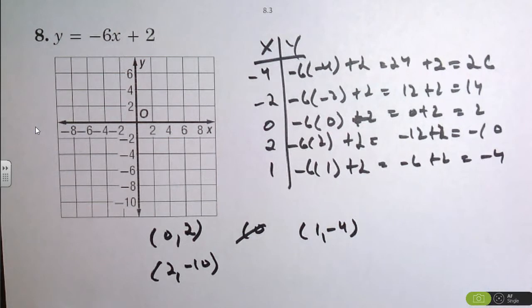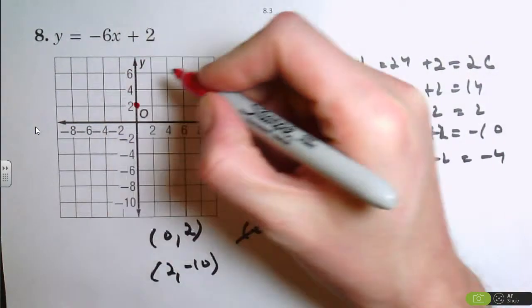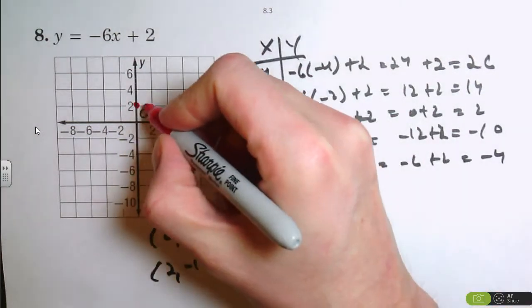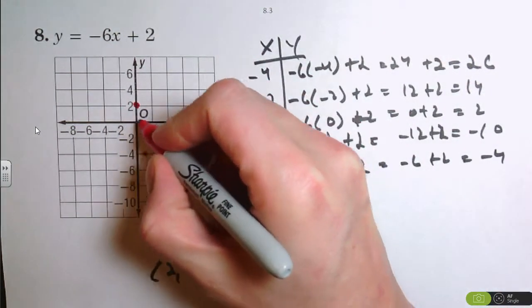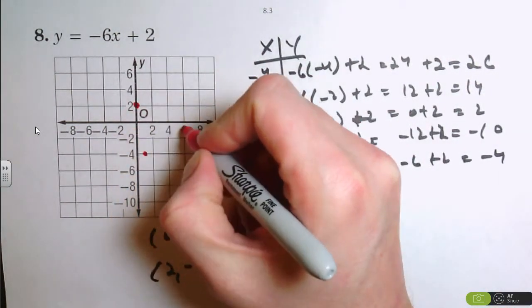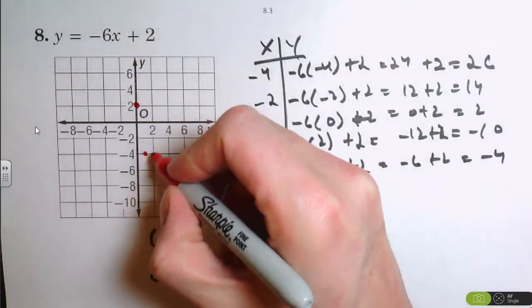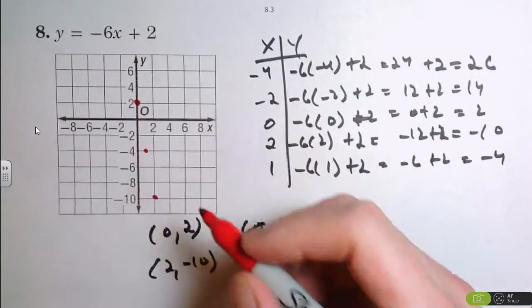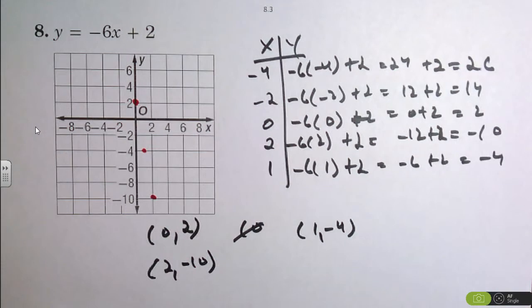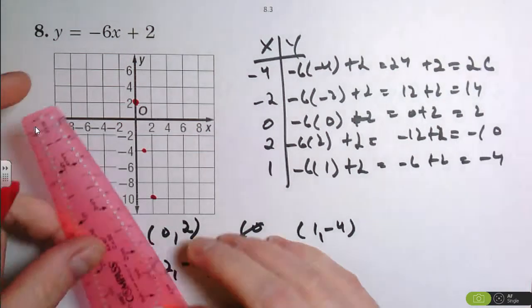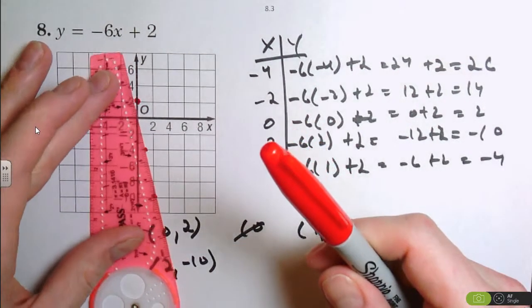So I will plot those points: 0, 2, then 1, negative 4, which means I have to go by in the middle here because this is going by 2's in the horizontal, and then 2, negative 10. And I think that's enough points. It's really probably the best I'm going to get. So now I'll draw a line and connect those dots.